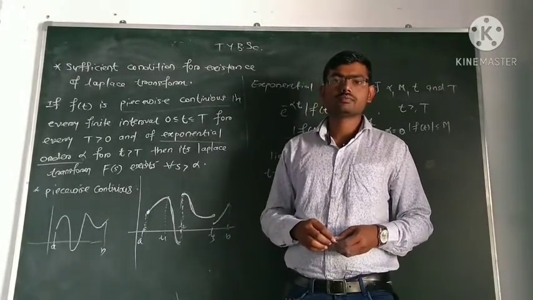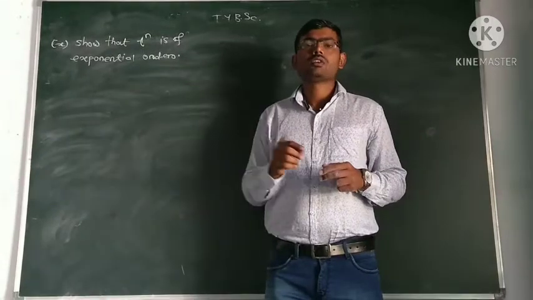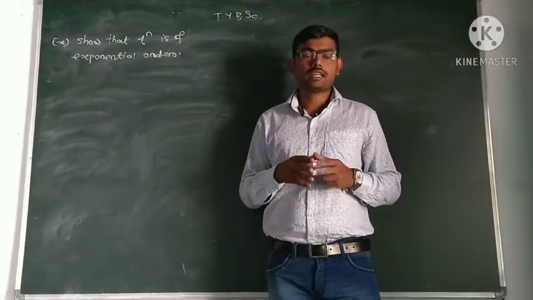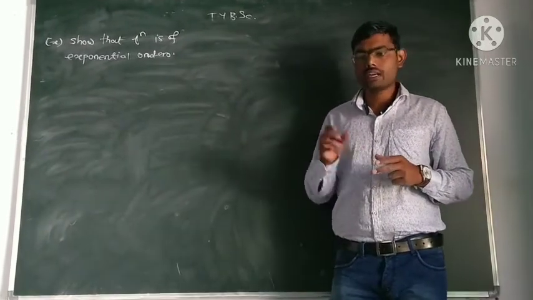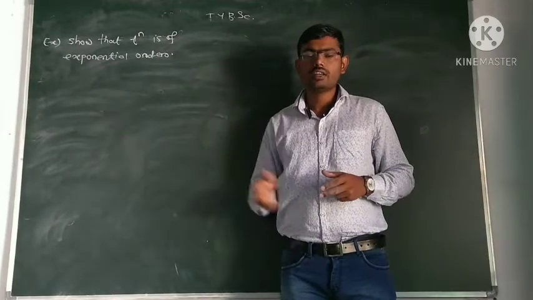Before going to the example, one thing I forgot to mention about piecewise continuous functions. We have seen the graph of a piecewise continuous function, and you have seen that the function is continuous in some short intervals.